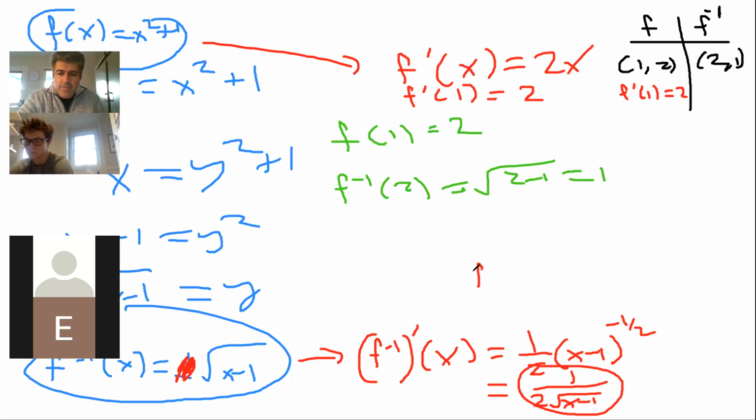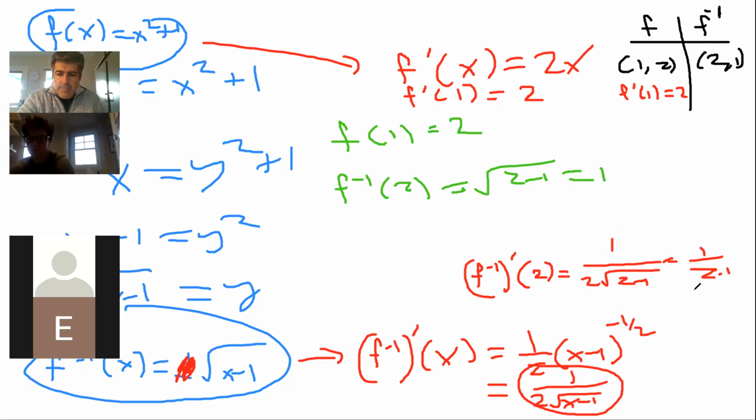If I evaluate the derivative of the inverse at 2 for x, I get 1 over 2 root 2 minus 1, or 1/2 times 1, or 1/2. So the derivative of the inverse at 2 equals 1/2. And notice how these are reciprocals of each other. That's 2 and that's 1/2.